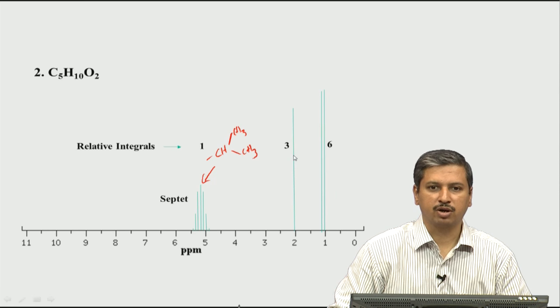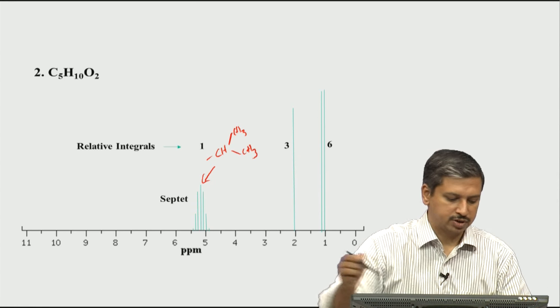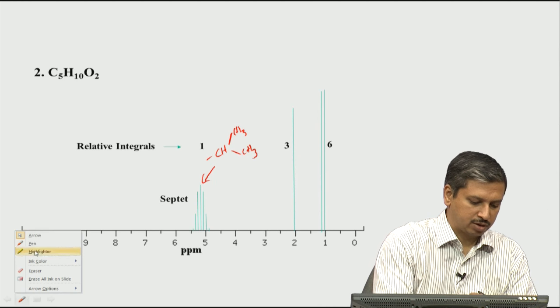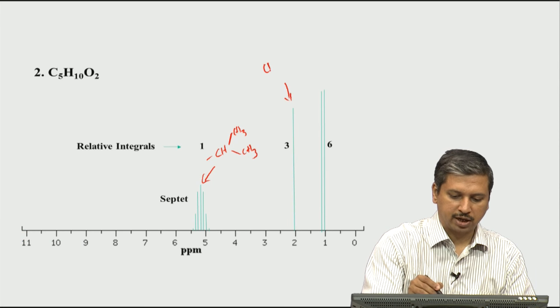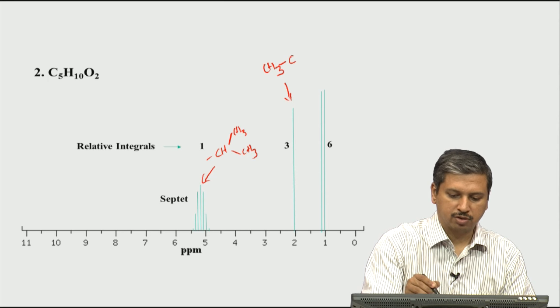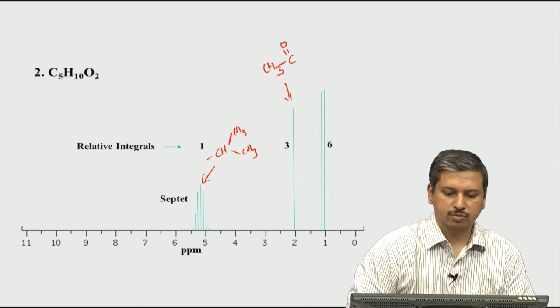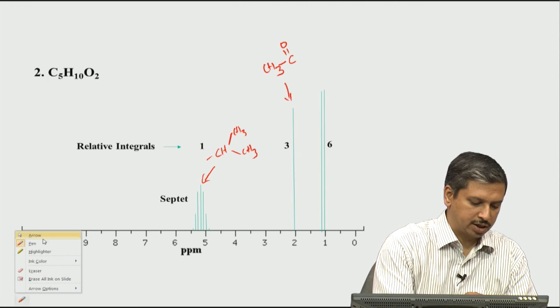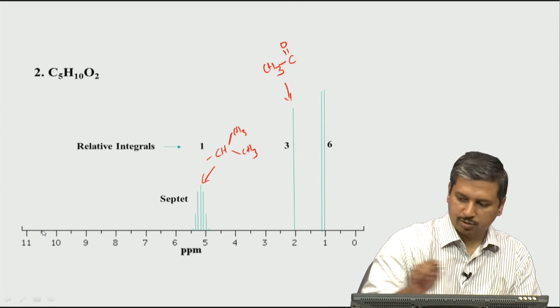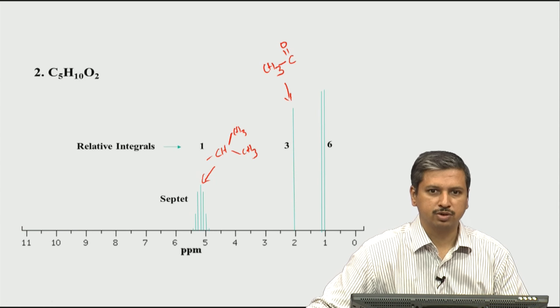According to the previous slide, this particular peak could be an isolated CH3 with no hydrogens to couple to, so it could be next to a C=O. Therefore, this CH3 is an isolated methyl group and does not show any coupling.